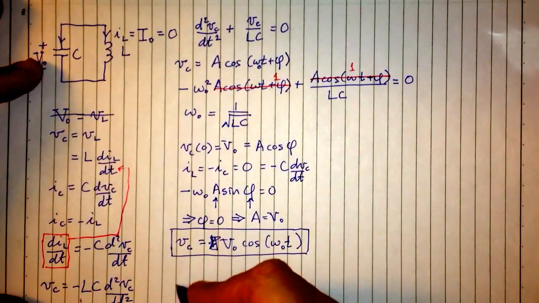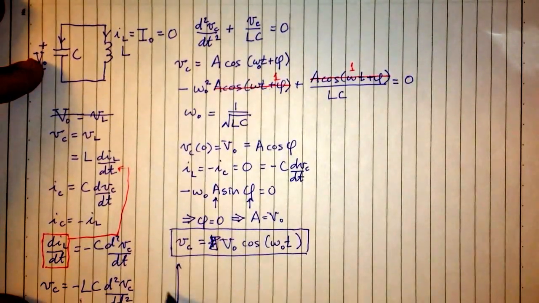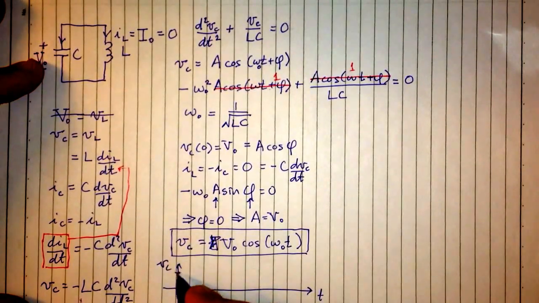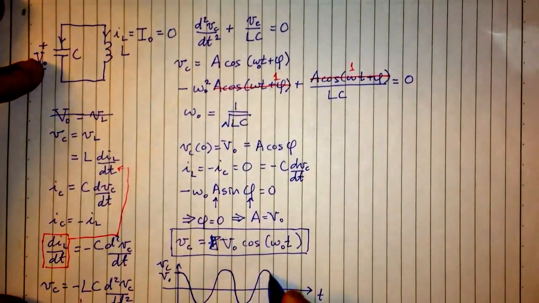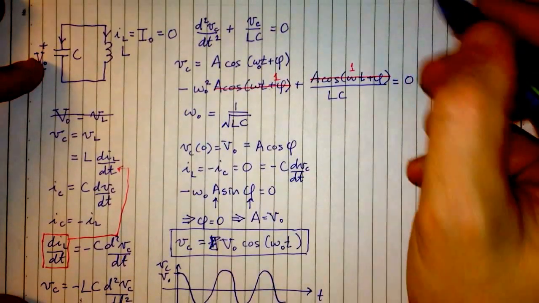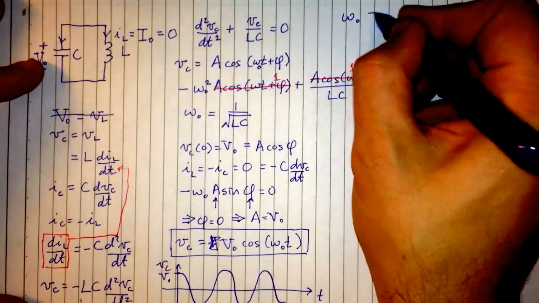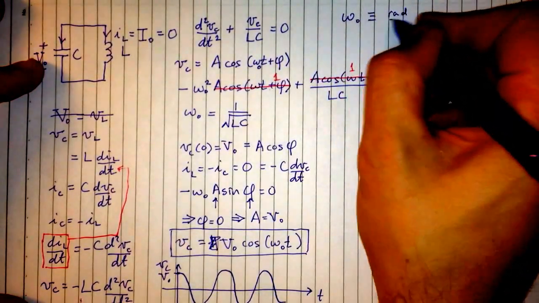Let's plot it. It starts out at V naught and it oscillates. It has a frequency omega naught, which has units of radians per second.